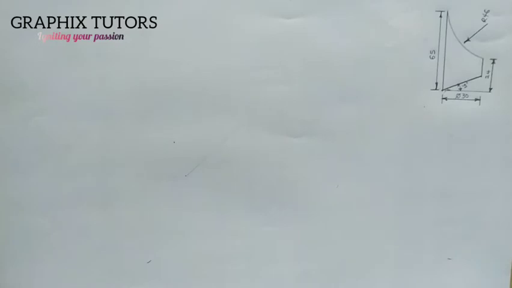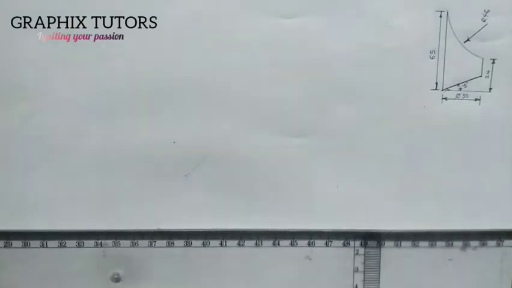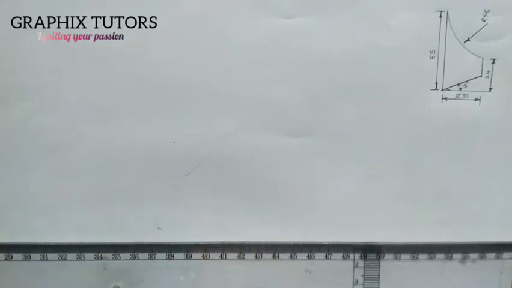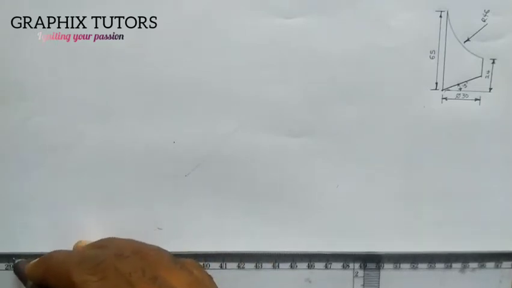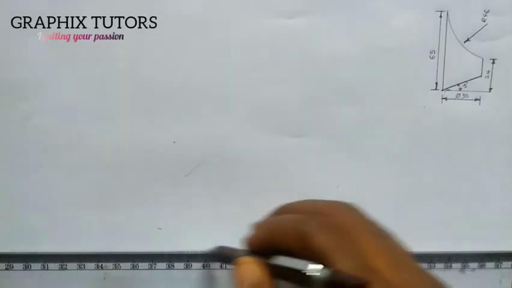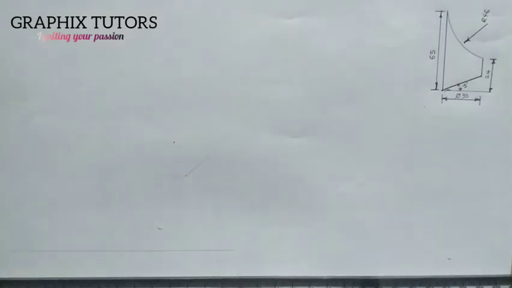So you take your set square, you place it this way, you draw your horizontal line like this, right? And you draw your vertical line like this.